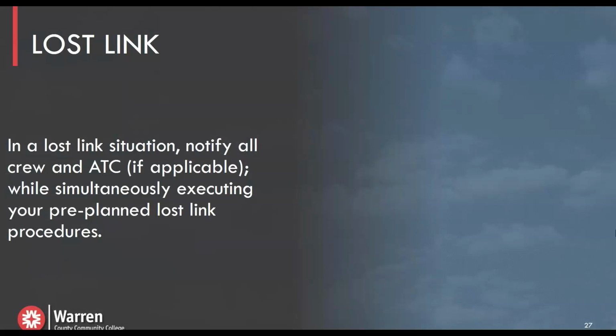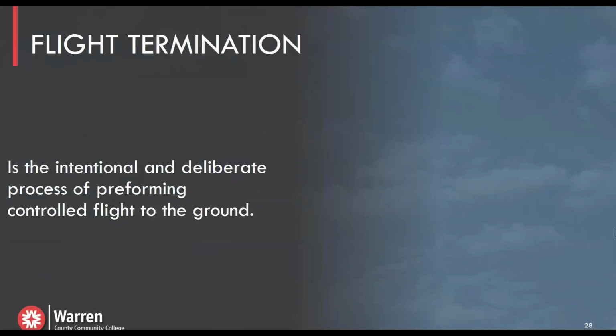So at that point, they would need to know that. But the likelihood of you flying in a situation like that is pretty slim, unless you're flying in a controlled kind of thing, like flying with us at the college when we go over to do the airport day. Okay. And then while you're contacting everyone, hopefully you're simultaneously executing those lost link procedures.